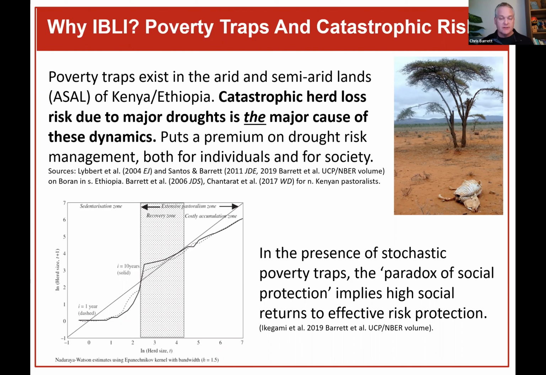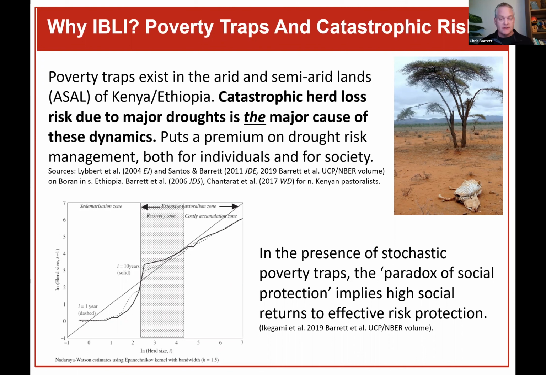That tipping point is the tipping point where people can now become mobile. And here it's important to understand the system. Just above that tipping point, a drought comes and kills off a third of their herd, and they collapse back to that 1 cow low-level equilibrium.